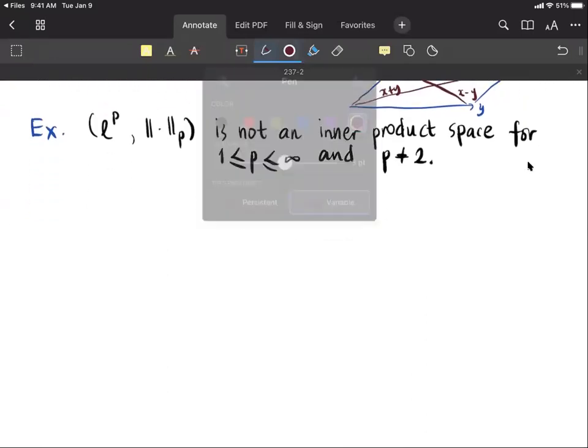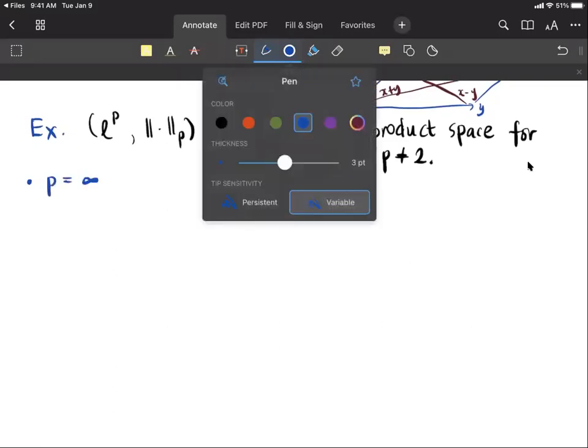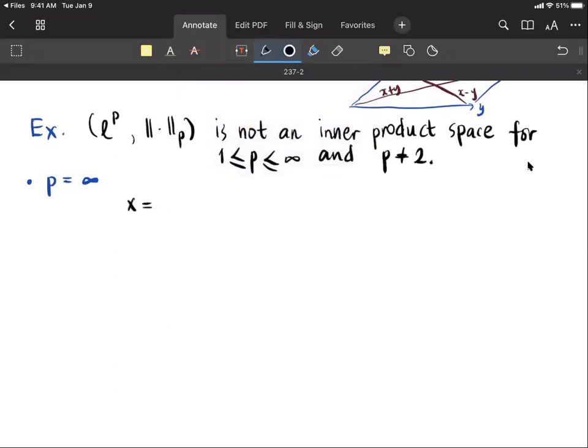Okay. So first, let us consider the case where p is equal to infinity. We consider the following vectors. X would be the sequence wherein the first term is 1 and everything else is 0. Y is the same, but we take it to be 1 if and only if we have the second component or second term of the sequence.